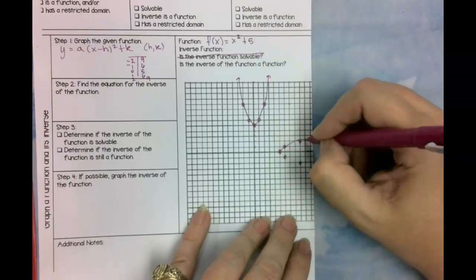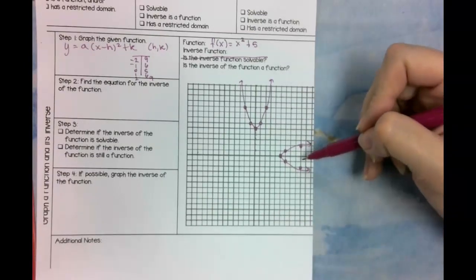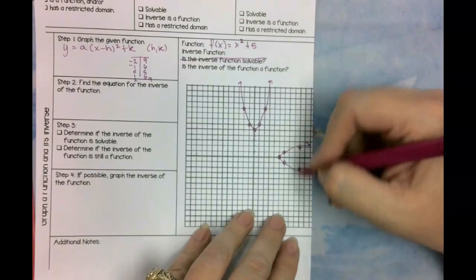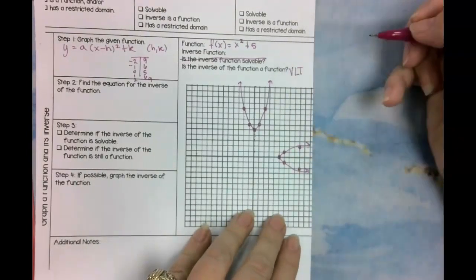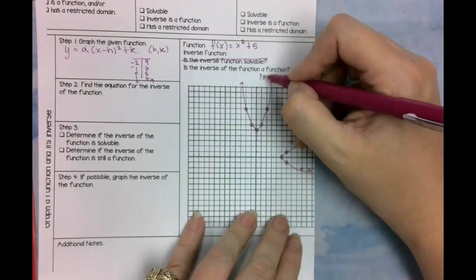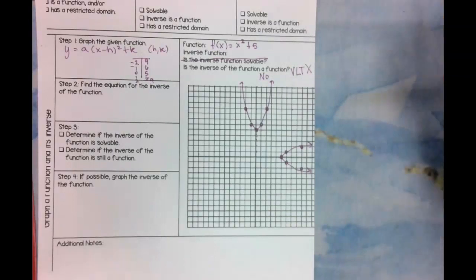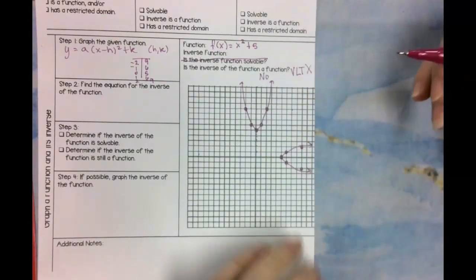So if I graph this, it says, is the inverse a function? Is this a function? No, because it fails the vertical line test. It fails the vertical line test, so the answer is no. Now, this is a reflection, but where is this a reflection?